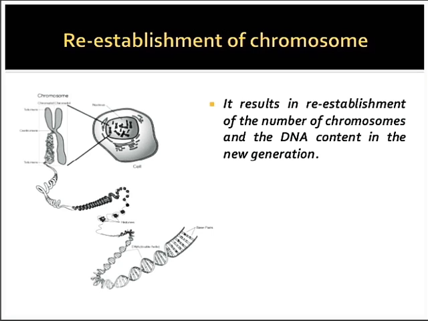So chromosome is the vehicle on which the gene sits and travels from parents to offspring.